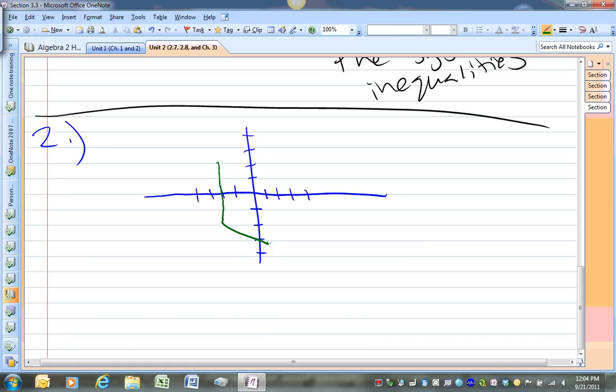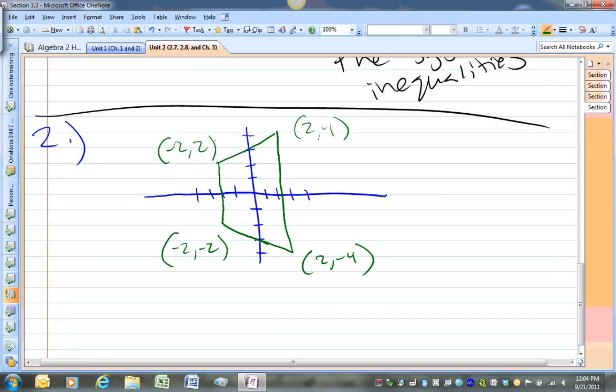Give me one sec here, make sure I'm doing this right. And say these points were (2, 4), (2, negative 4), (negative 2, negative 2), and (negative 2, 2).